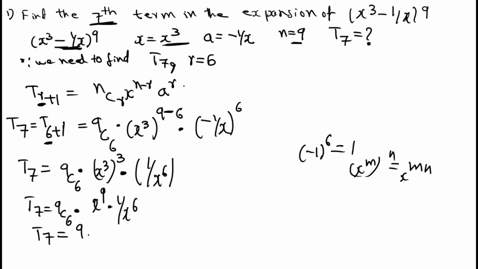T7 equal to 9c6 into, here see numerator 9 times x is there, that is x to the power 9. Denominator 6 times x is there. Okay, if you simplify this one, in the numerator x cube is remaining. So answer is T7 equal to 9c6 into x to the power 3.